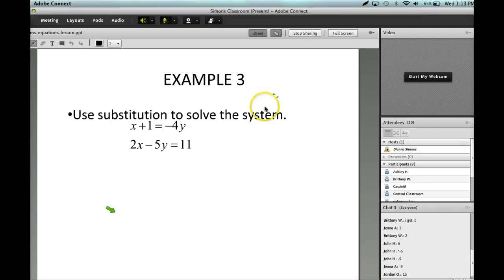is take our top equation, subtract 1, and we'd get that. So solved for x. So then I'm going to take this negative 1 minus 4y, and I'm going to put it in here.